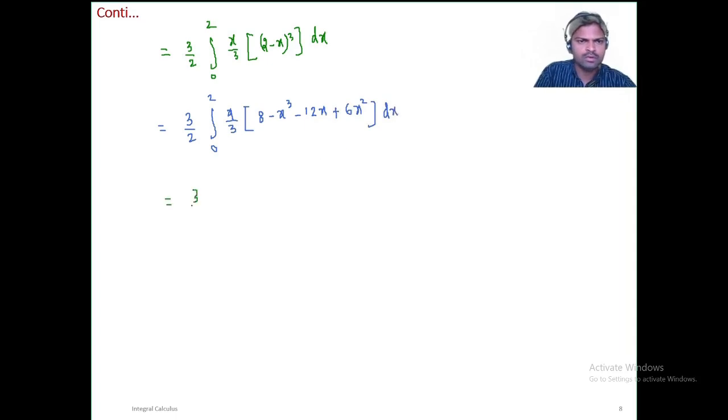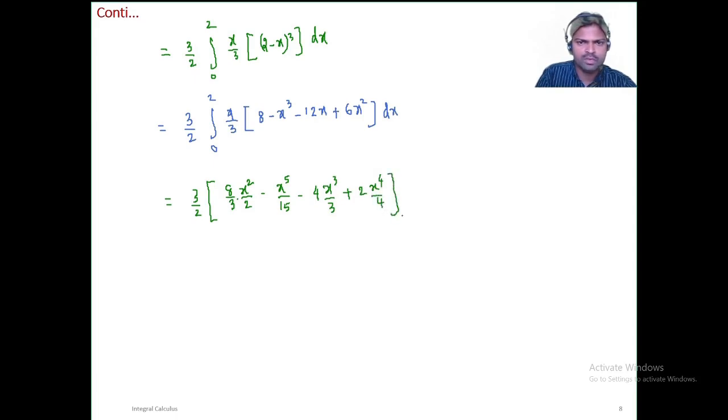So evaluate the integration: 8 by 3 x square by 2, minus x power 5 by 5, minus 12 by 3, so 4 x square, x power 3 by 3, and 2 into x power 4 by 4.